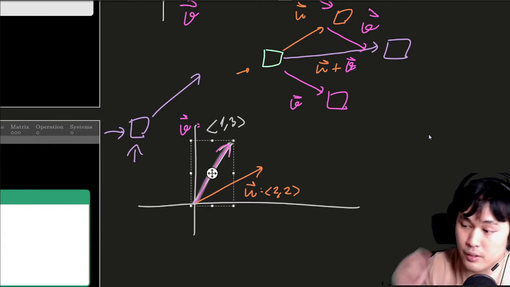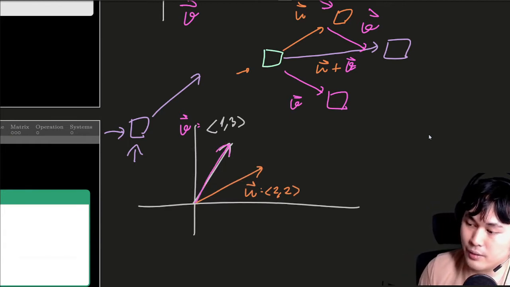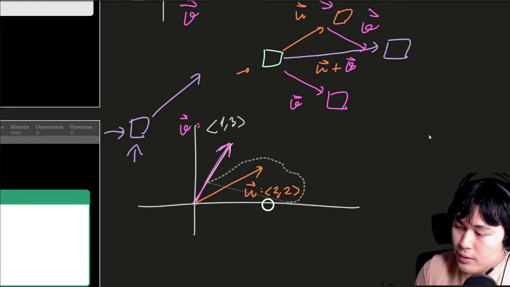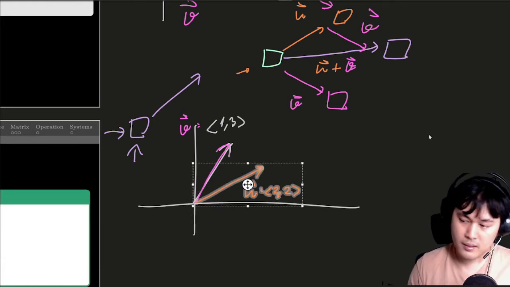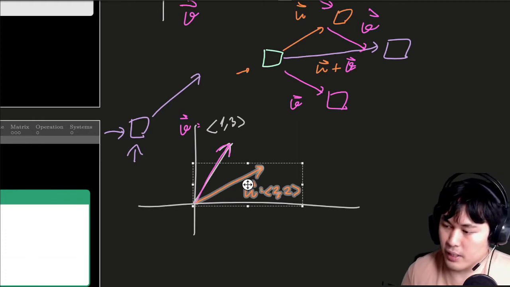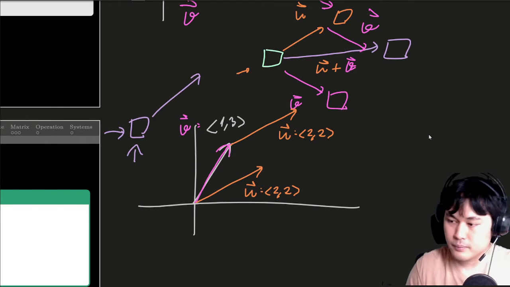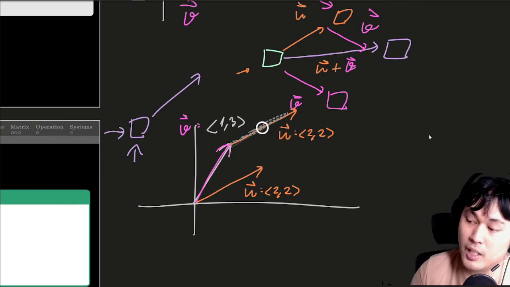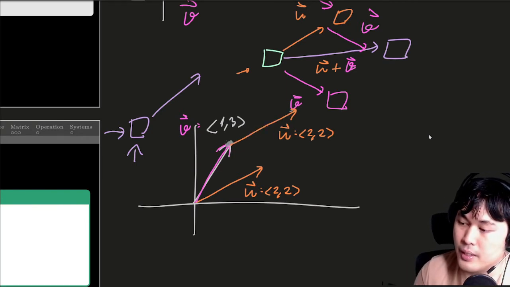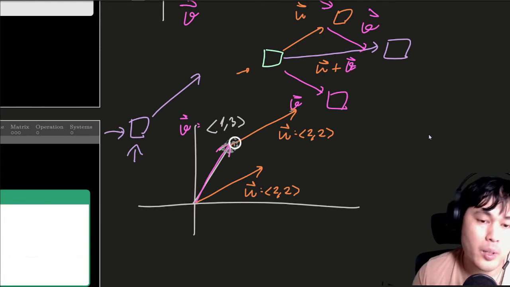So we see what's going on here. And so we add these two vectors together. What you do is you copy that and move it there. So you move the initial point of the second vector to the terminal point of the first vector.